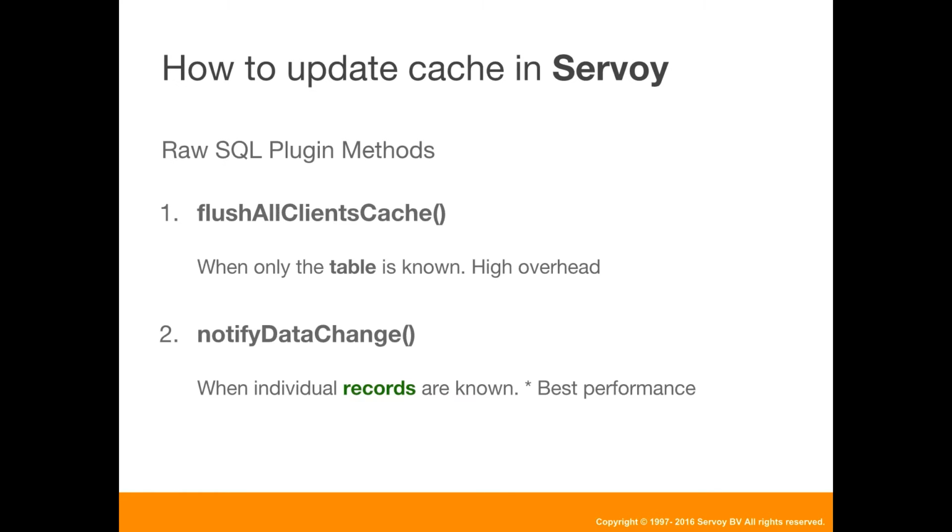The second approach, if you actually know which records have been changed, then you can do a notify data change, which is essentially a programmatic way to initiate that data broadcast event. And then you say to all the Servoy clients, okay, these 5 records have been updated, and then you send the data broadcast event, and that's a much more nuanced and lightweight way to update the cache. So if you can do it, if you know which records have changed, this is really the best approach.